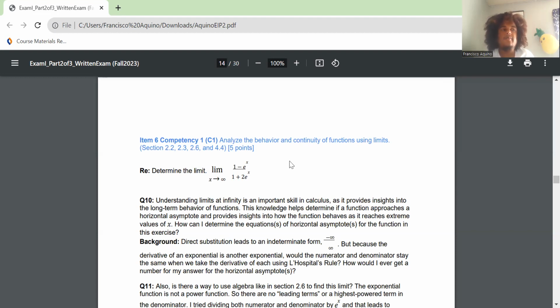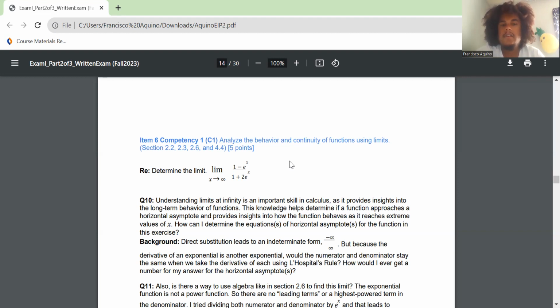And so for this problem, direct substitution didn't really make sense to me to use because that would only work if you had a whole number, like in the case of L'Hopital's rule, which is in section 4.4.